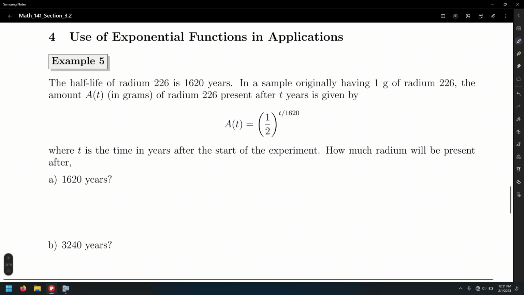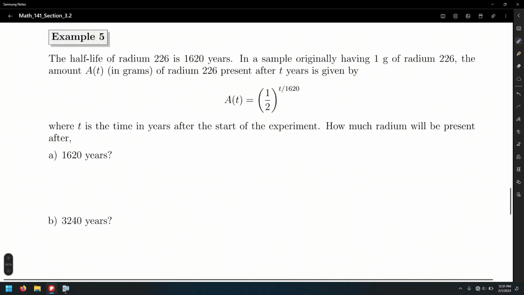In a sample originally having 1 gram, the amount in grams of radium-226 present after T years is given by this equation. Notice the powers are 1/2 because we are multiplying half of the half of the half. I think that's something we discussed last time about how in some cases it decreases, in some cases it increases. T is the number of years after the start of the experiment.